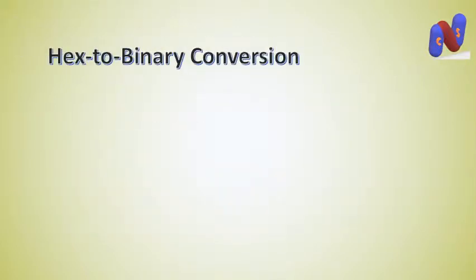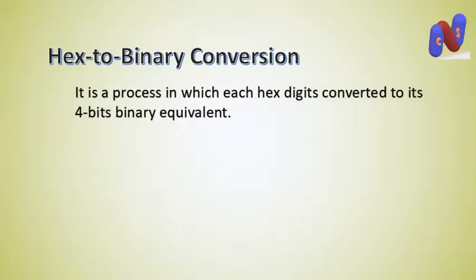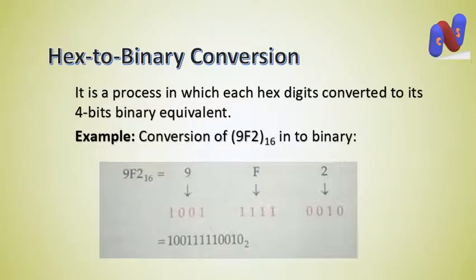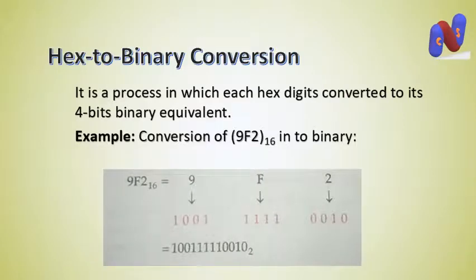Now, hexadecimal to binary conversion. It is a process in which each hexadecimal digit is converted to its 4-bit binary equivalent. As an example, we will convert 9F2, which is a hexadecimal number, into a binary number. Here you can see 9F2, and we individually get its binary digits.